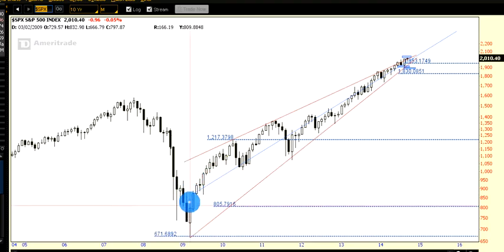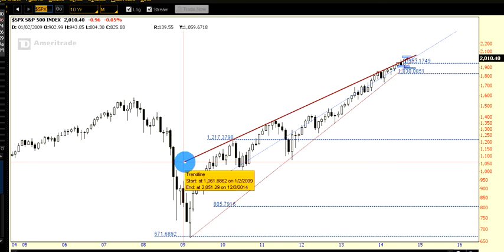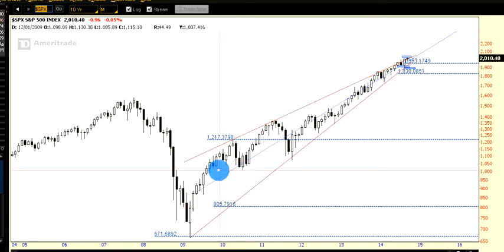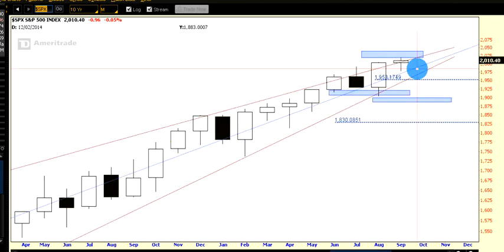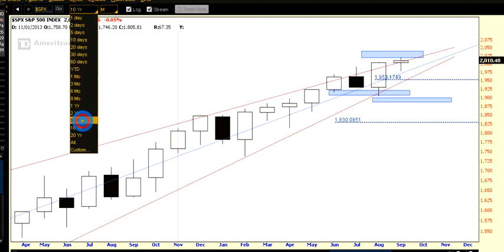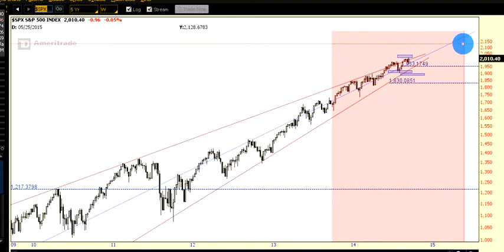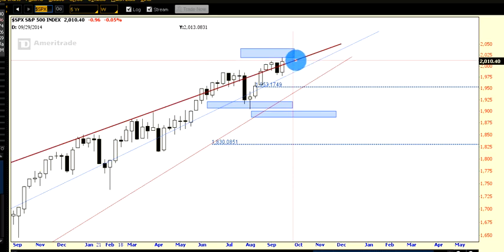So you take the distance between this value here, which is 671, and this value here, which is 1060, and you're looking at a pretty sizable move there, about 400 points. So let me go back to a 5-year weekly chart. We can expect this to be a pretty sizable move, something down into the 1650 area.